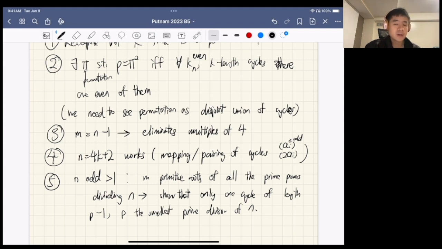So yeah, basically this is the summary that we went through for today. I would say that this is a pretty nice problem. It is a nice combination of both combinatorics, because of permutations, and number theory, because it also involves things related to primitive roots.